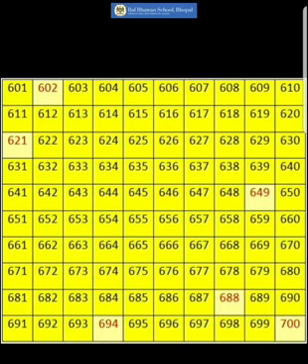So after 610, here you can see 611, 612, 613, 614, 615, 616, 617, 618, 619, 620 and so on. At last after 699, which number will come? Yes, it is 700. Okay, so this way you have to write the numbers in a grid children by counting them.